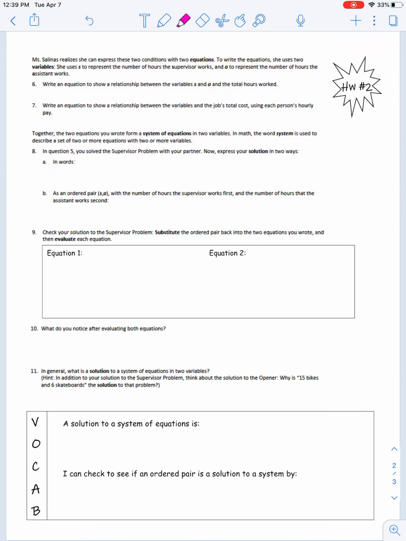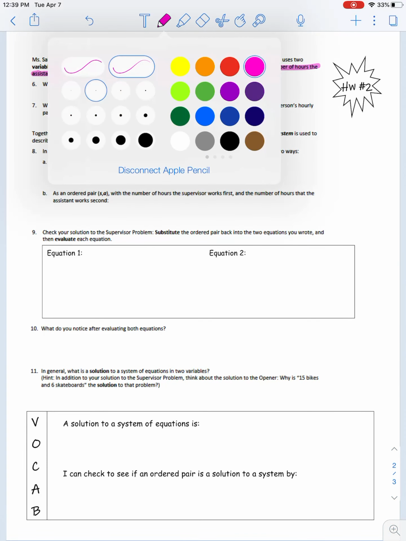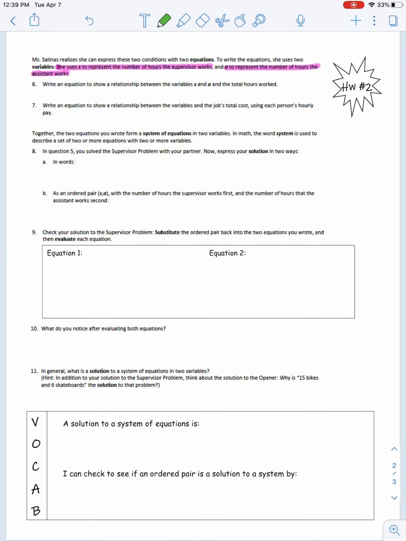We are now going to write equations. So Miss Salinas realized that she could write equations and make her life a little bit easier. She decides that she's going to use S to represent the number of hours the supervisor works, and A to represent the number of hours the assistant works. And then we're just going to write equations based off of that.